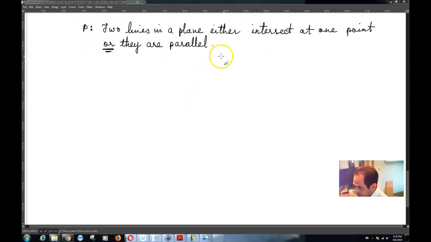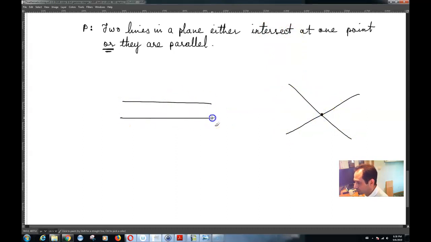As long as the statement makes sense to you the way I explained it, that's more than enough for now, and later we'll get to some rules and you will understand the whole thing completely. In simple language, two lines in a plane either intersect at one point, something like this, or they are parallel. That is the meaning of this statement, and of course it is true.